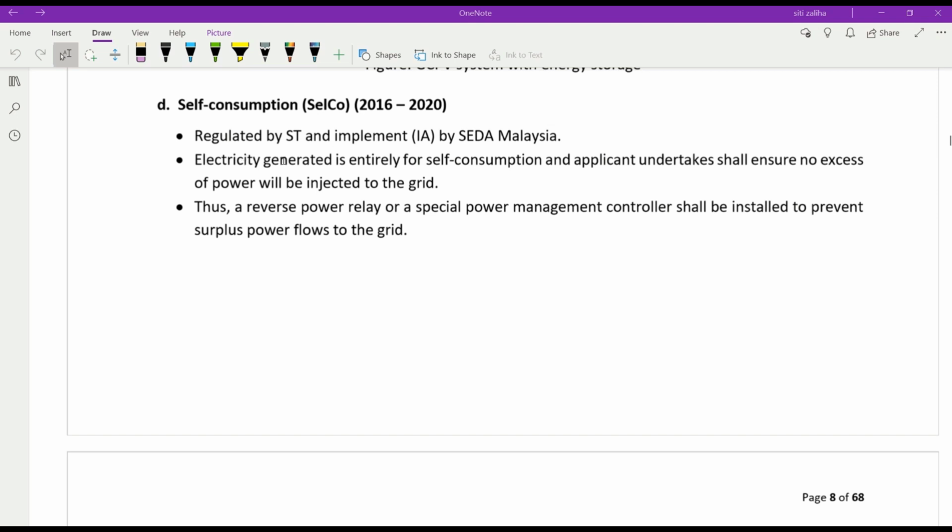So electricity generated is entirely for self-consumption, and applicants shall ensure no excess power will be injected to the grid. Thus, a reverse power relay or a special power management controller shall be installed to prevent surplus power flow to the grid.